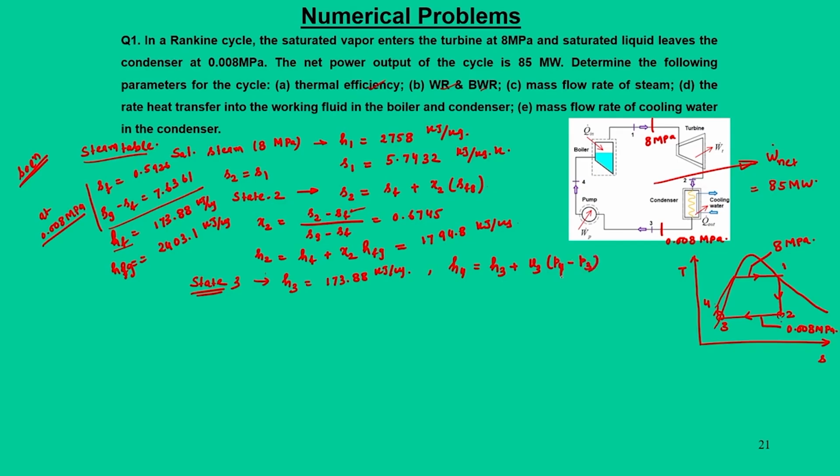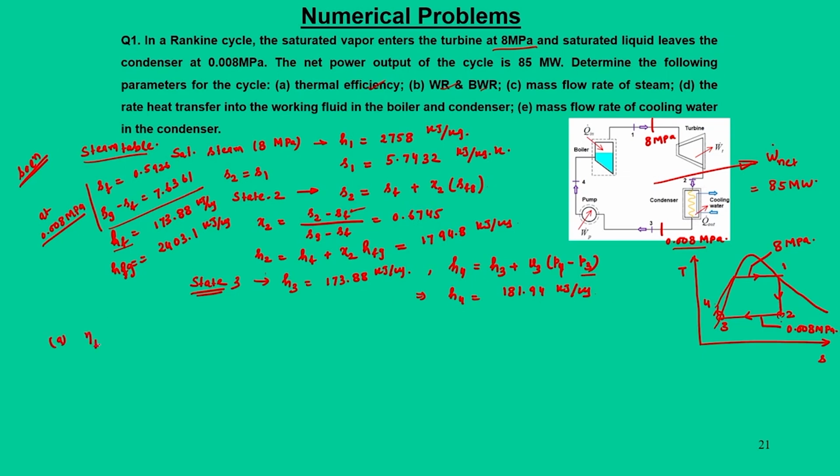So, P1 or P4 minus P3. So, this is 8 megapascal and this is 0.008 megapascal. So, from this we get H4 as 181.94. So, we have all the information which is required to calculate these parameters. So, let us go one by one.